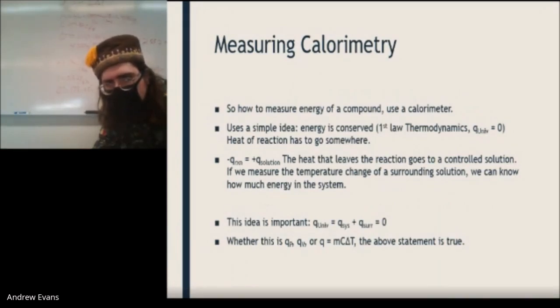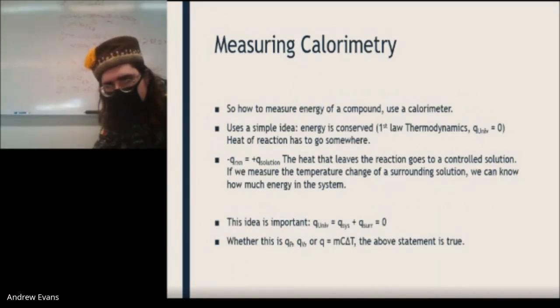So we're going to let a reaction occur on a substance, and then we're going to measure the temperature change that occurs in the surroundings. And if we measure the temperature change in the surroundings, we can know how much energy was in that reaction.